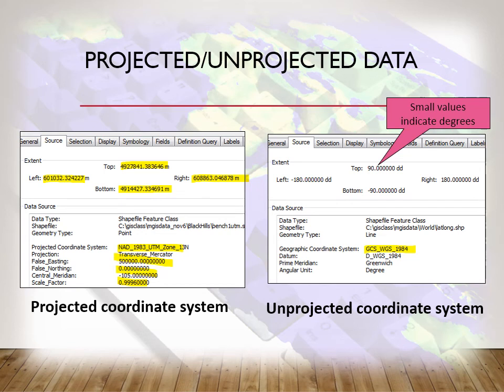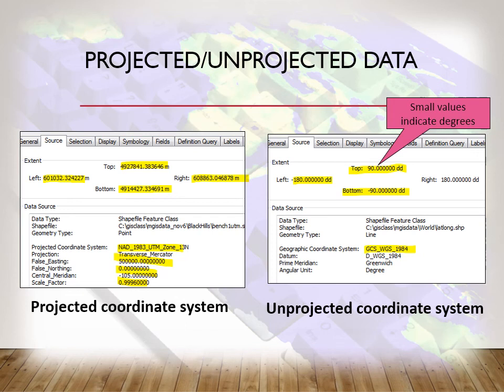This is important because unfortunately you may get data from whatever source, whether it's online or from a different company, and they may not have defined that projection. They may not have given you what the projection is, and it's completely blank. Well, the first thing you would look at is, are my values for my extent really small, from 90 to -90 or so, or are they very large?